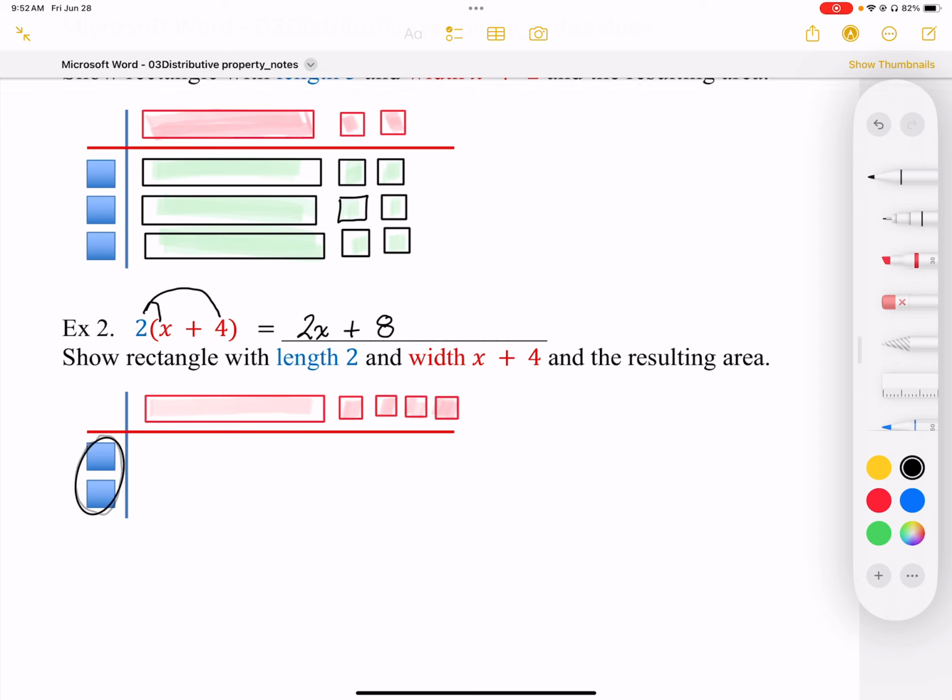I can see that when I distribute the 2 times the 1x, I'm going to end up with 1x, 2 x's.